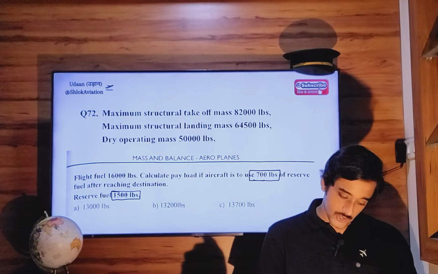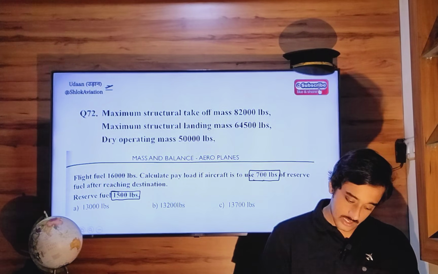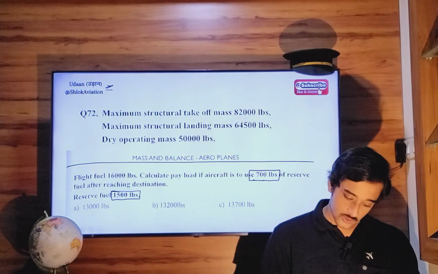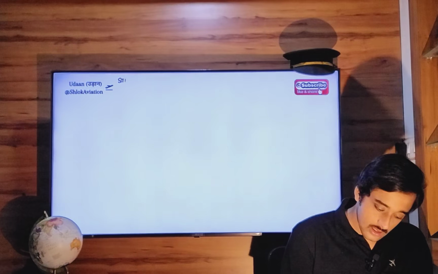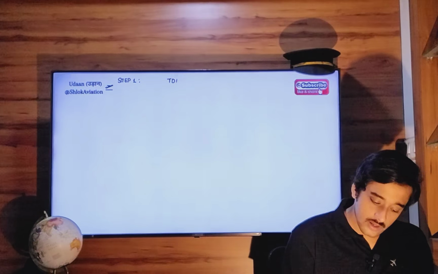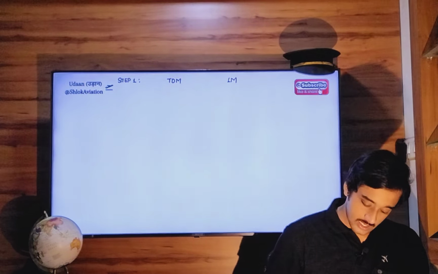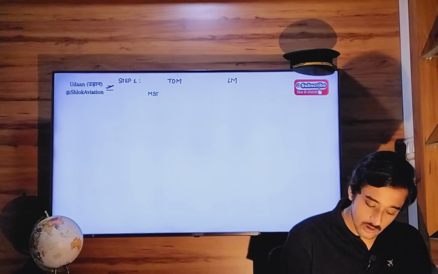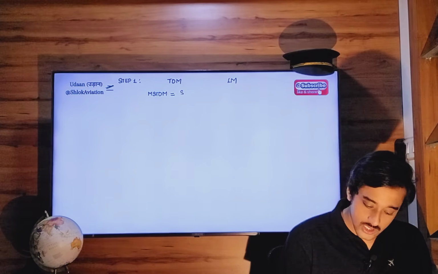Okay. So we have to find payload. So let's start doing this equation. Step one, takeoff mass column, and the second column will be the landing mass column. In the takeoff mass column, we are going to write the maximum structural takeoff mass value, which is 82,000. So just write 82.